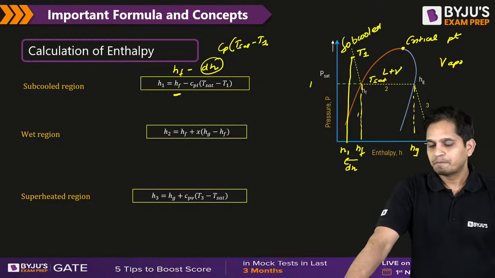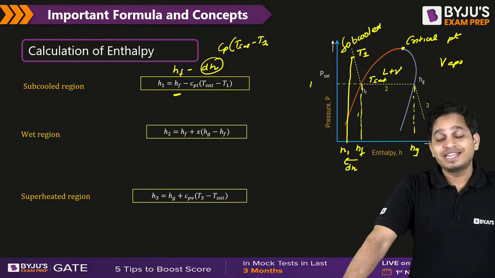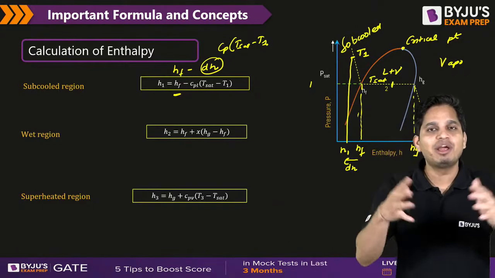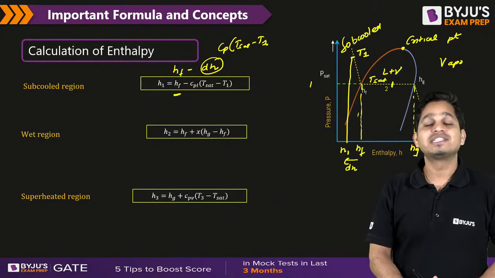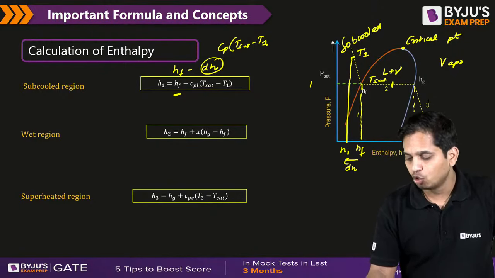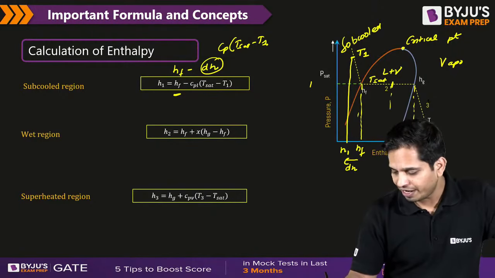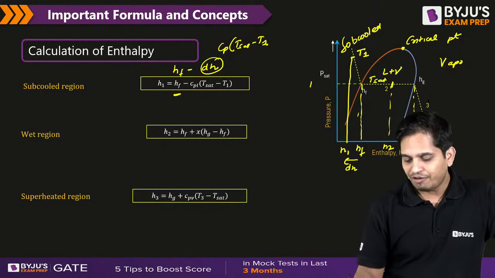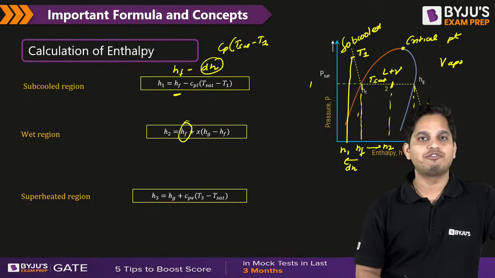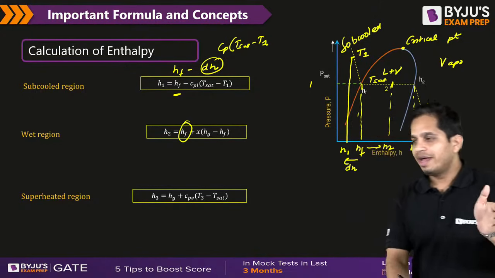Now how will you calculate enthalpy if you are somewhere in between, inside the vapor dome? You will calculate H2. Now I need to find H2 here. If I compare with HF, then I need to add something to HF, because H2 is more.